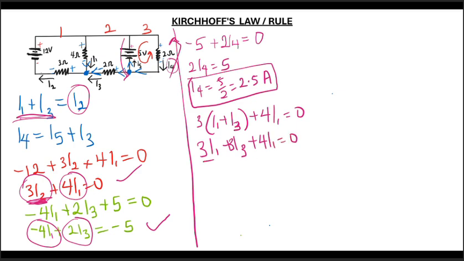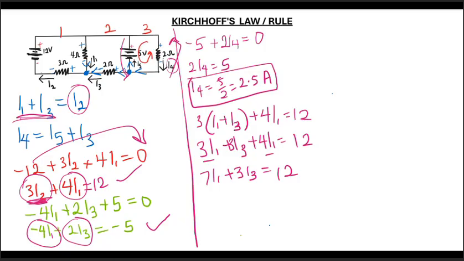Then adding this and this together, I have 7I1 plus 3I3 equals 0. Oh, sorry, this one ought to be equal to 12, so it's not equal to 0, it is actually 12. My bad. So here it is equal to 12 because we transported this one to the other side. That's equal to 12, and here also we have 12, 12, and 12.